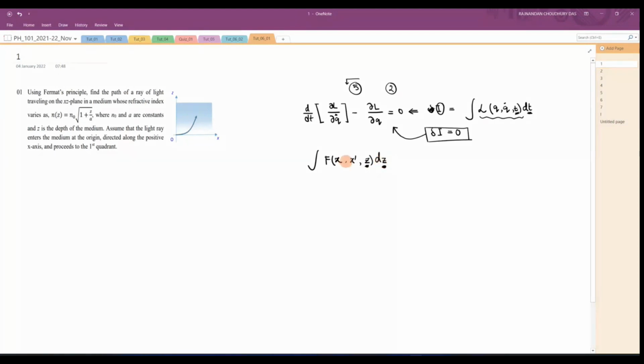If you want to extremize this integral, notice that in place of L we have f, in place of q we have x, in place of q̇ we have x prime, and in place of t we have z. When you extremize this integral, your solution will be d/dz of ∂f/∂x prime minus ∂f/∂x equal to 0.